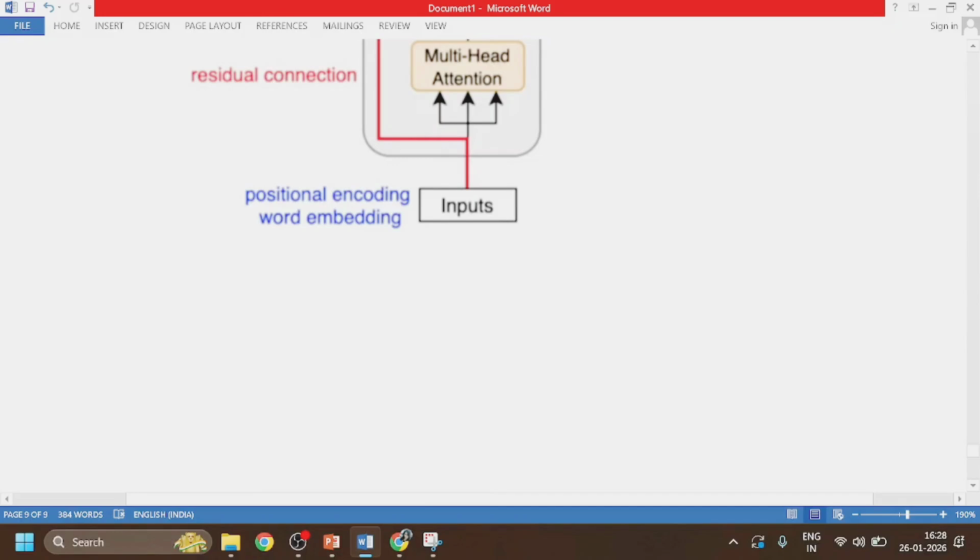Now we are going to move on to the decoder in the next section. I already finished the encoder part of the transformer. Now we are going to understand the transformer decoder and how text is generated. By the end of the video you should say: now I understand how GPT actually generates text one word at a time.